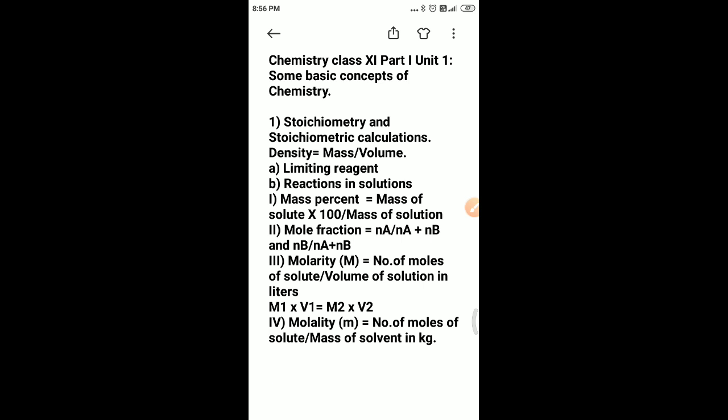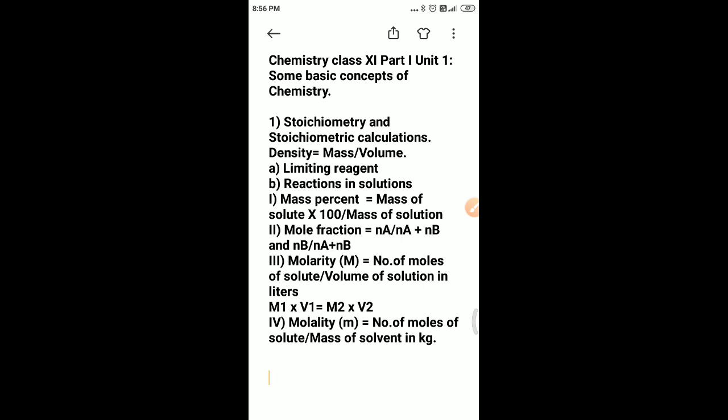See, first we know that mass percent is equal to mass of solute divided by mass of solution into 100. Mass percent of A is equal to mass of A divided by mass of solution into 100.